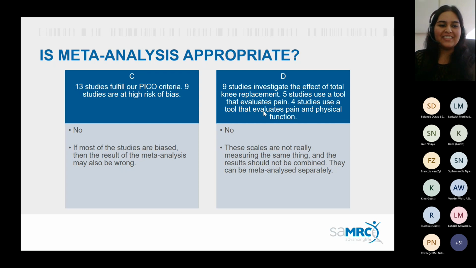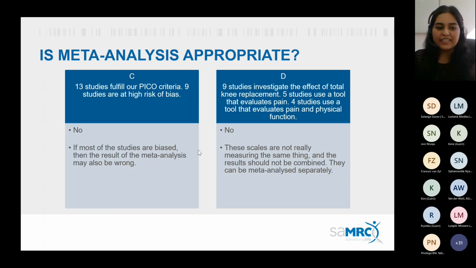So C, 13 studies fulfill our PICO criteria. So that means the research question was similar across all the studies, and it looked at the participants, the interventions, the comparators, and the outcomes that we're interested in. And 9 of them were at high risk of bias.